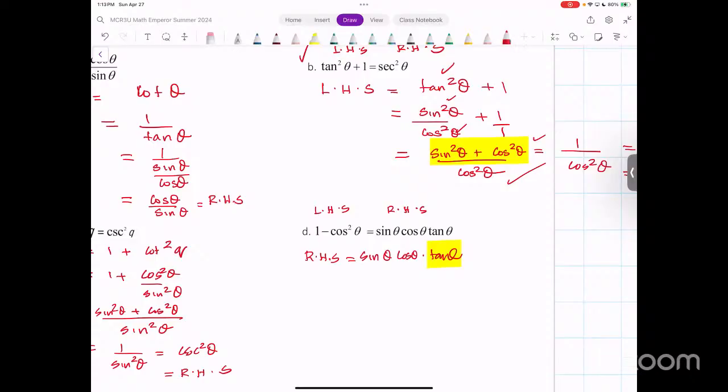How many of you are able to do this question? Did you guys break the tan theta first? So sin theta times cos theta times sin theta over cos theta, isn't it? Can I cancel these two?